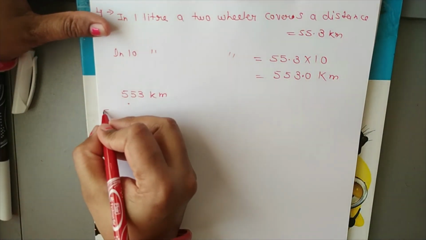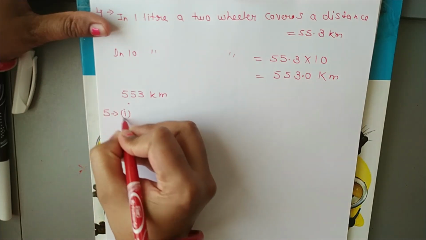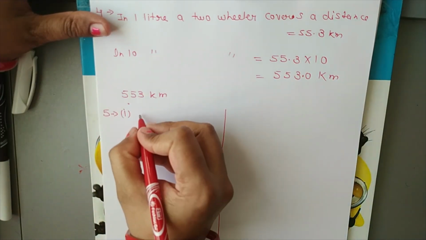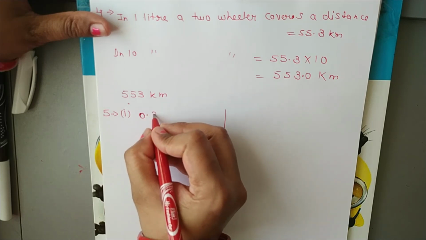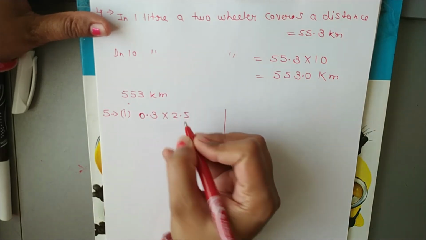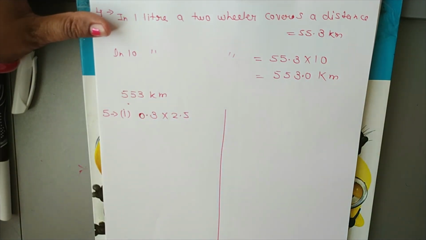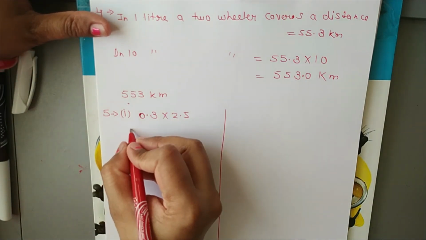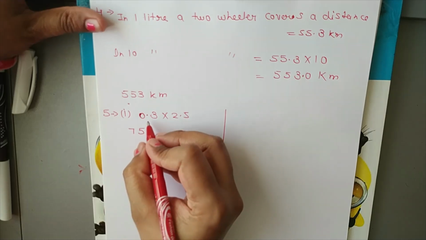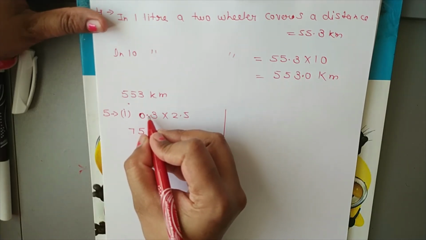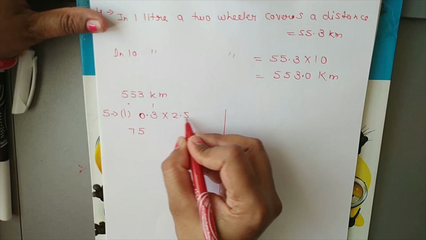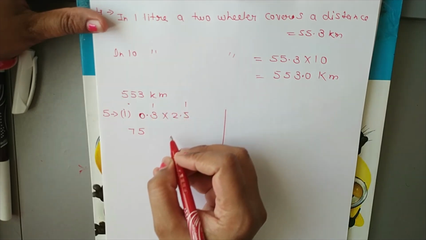Okay, question number 5. First part, 0.3 is multiplied by 2.5. Ignore the decimal. So 25 3s are 75, and count the decimal digits. After the decimal there is 1 digit and after that 1 digit, so total is 2.